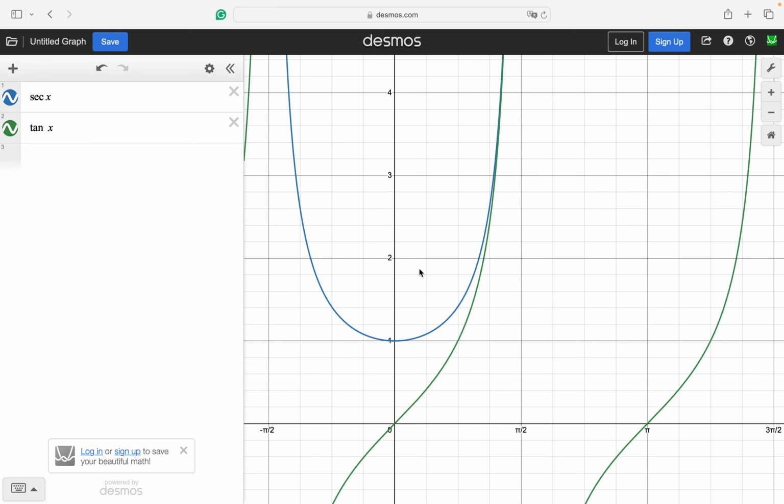As you can see, as your x approaches pi over 2, or t in our problem, from the left, your function secant x is going to positive infinity, or it increases without bound. The same with tangent x, or in our problem tangent t, as your t approaches pi over 2 from the left, tangent will also approach positive infinity. So both will approach positive infinity.